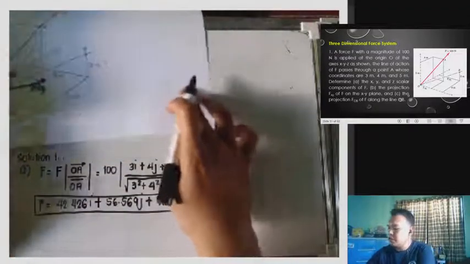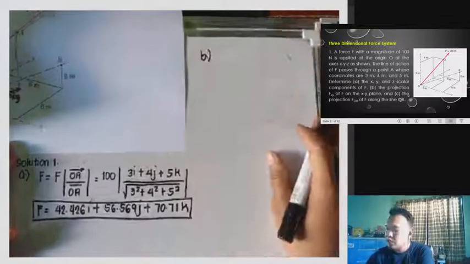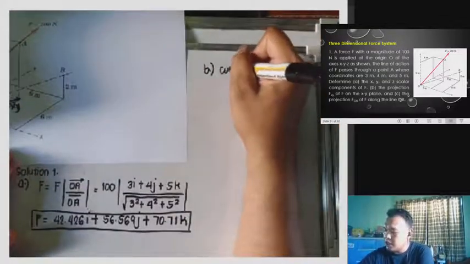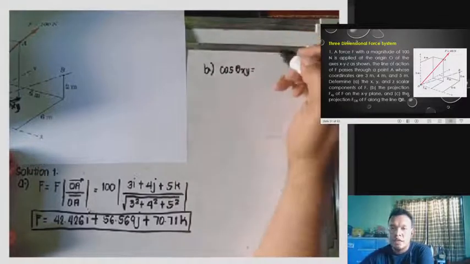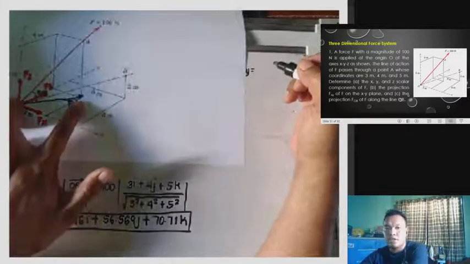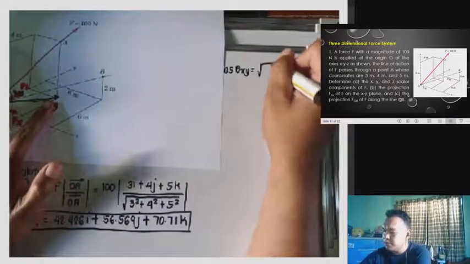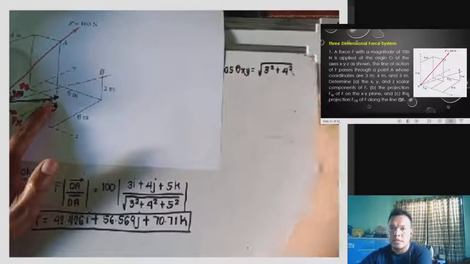So, we have here letter B. Answer. We have cosine theta xy is equivalent to adjacent over hypotenuse. The adjacent is this value here, so this is the square root of 3 squared plus 4 squared.